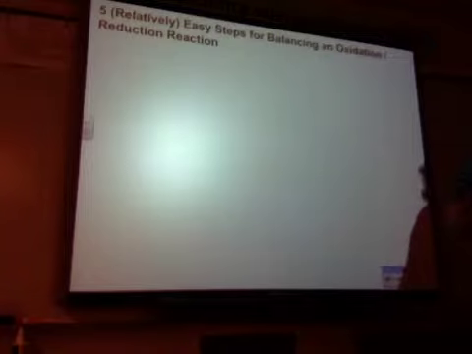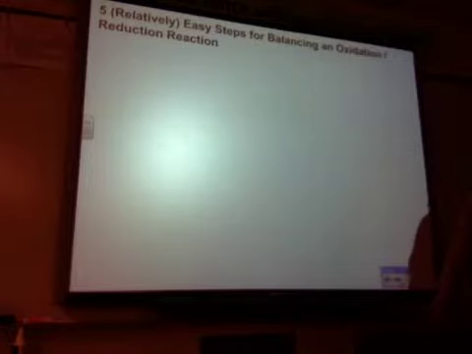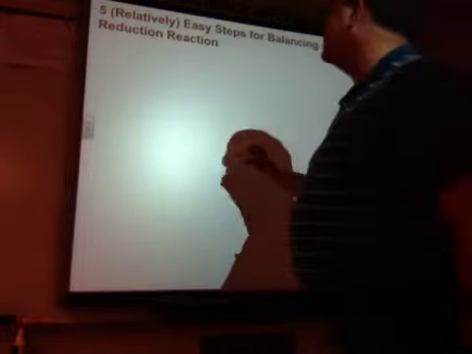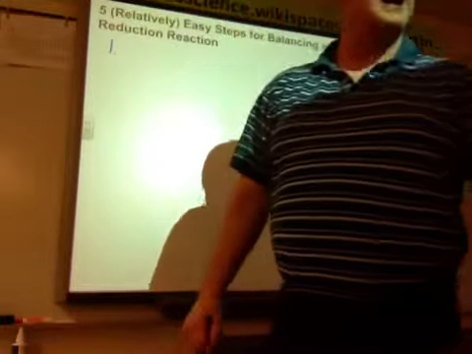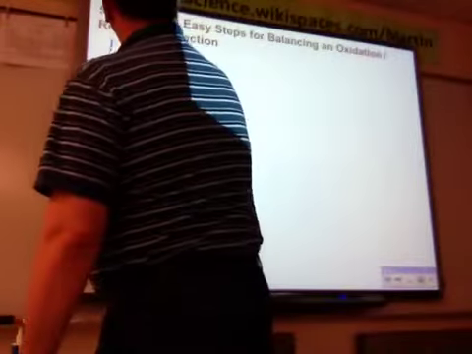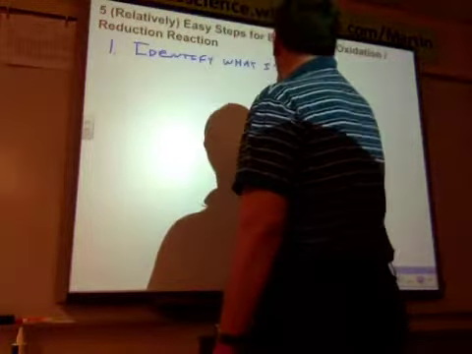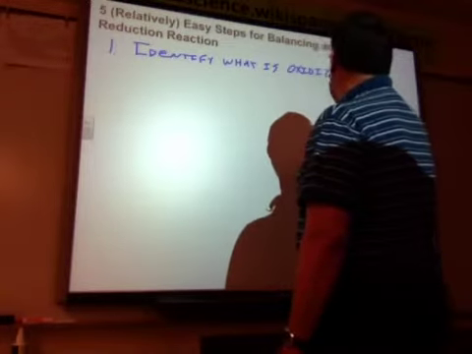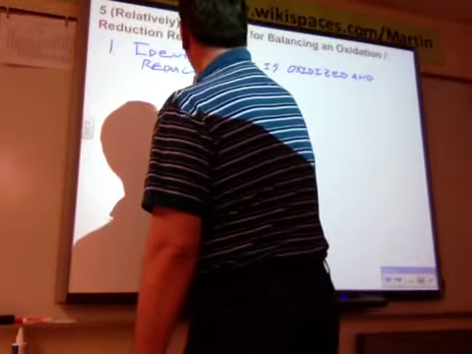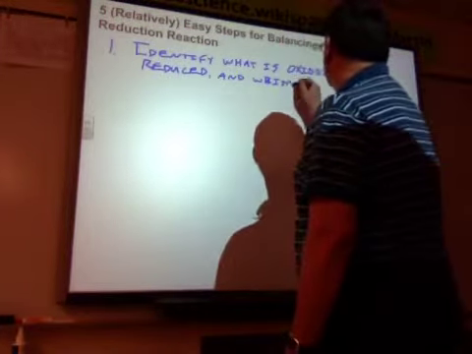Well, you never know. Okay, so to solve this, we're going to look at 5 relatively easy steps for balancing an oxidation reduction reaction. A couple of which you already know. One of which we just did, in fact. Step number 1, identify what is oxidized and reduced and write half reactions.